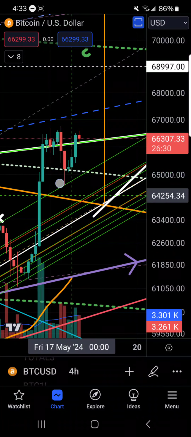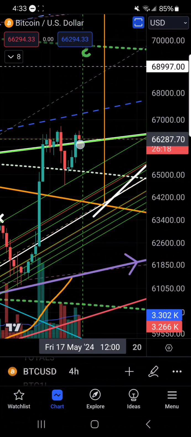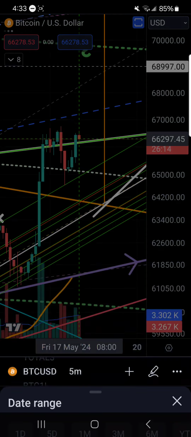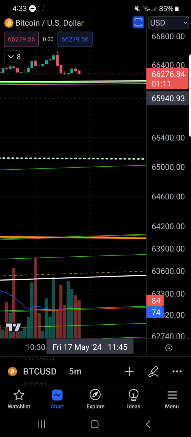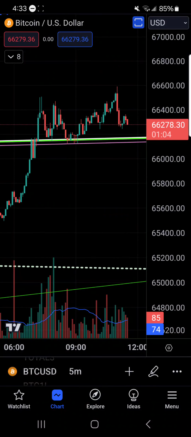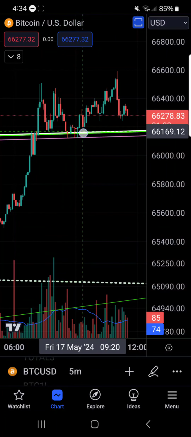Now, what's really funny is I bet there's a lot of chart analysts that have no idea why we're doing what we're doing here. And look, we'll switch to a 5-minute chart just for the fun of it. I'm sure there's a lot of analysts that have absolutely no idea why this line right here is so important.